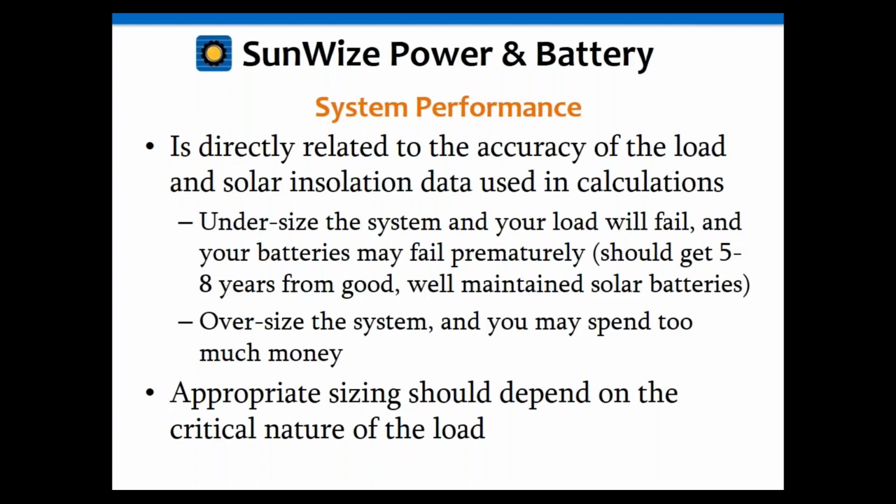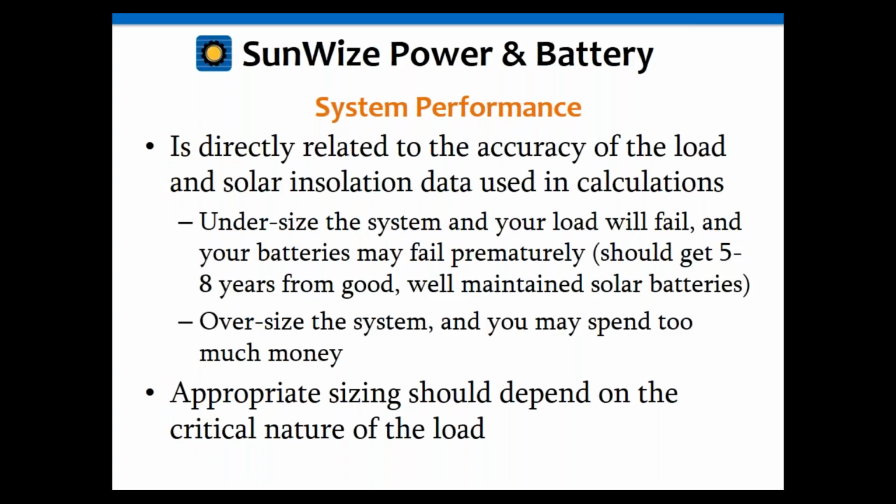You don't necessarily want to double the size of the system because you've doubled the amount of money you have to spend on it. The cost of systems is generally linear. When you get to very tiny systems, that may not be true, but for the most part, it is linear. So however big the load is, that's however big the system has to be. If you've doubled a lot of the stuff, then you've doubled the cost of the system.